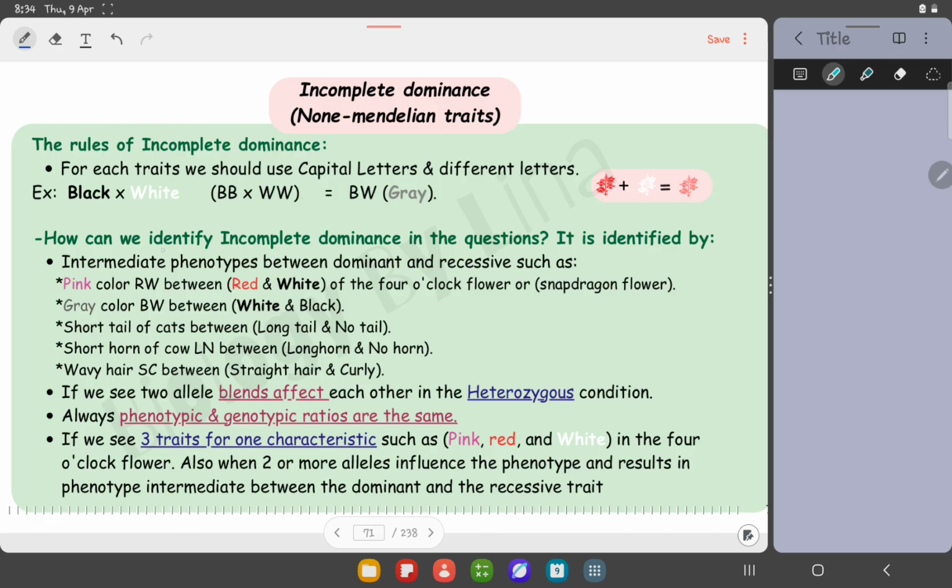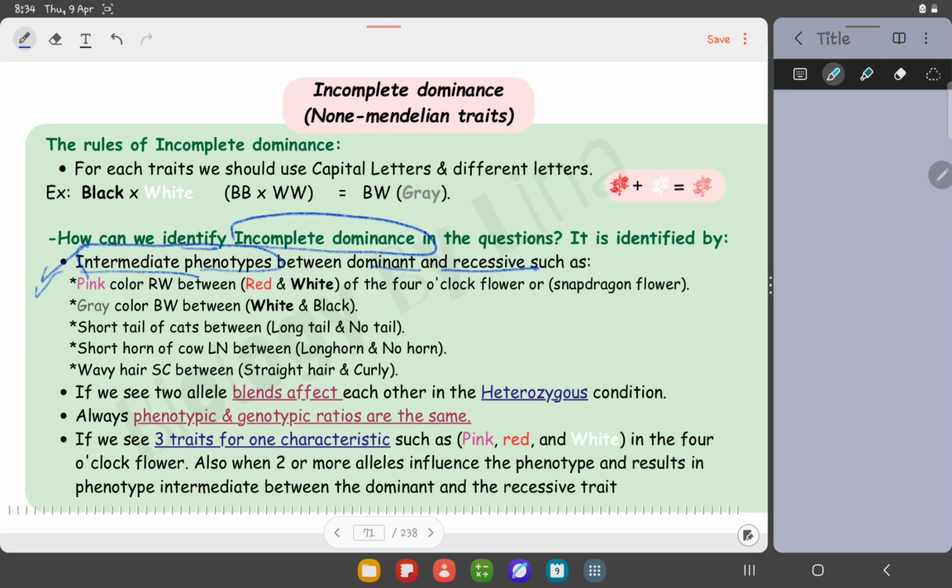Now, how can you identify that this question is asking about incomplete dominance? First, if you see an intermediate phenotype, a phenotype which is in between the dominant and the recessive one, at that time we say it's incomplete dominance. For example, you should memorize these examples, please, for incomplete dominance.